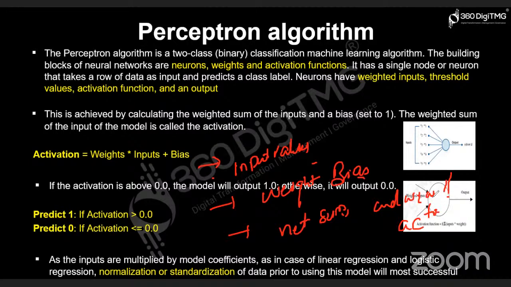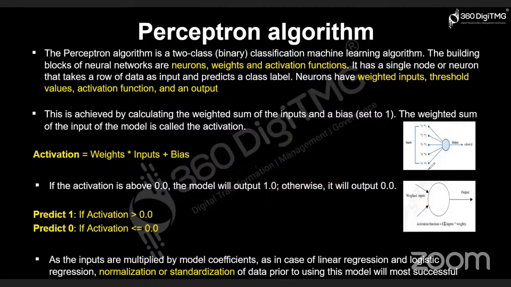The input values are whatever data we are giving into the neural network, and we'll be having weights. Additionally, we'll be having one bias, and then the net sum, and then one activation function here. What are those components? We'll discuss in detail. But these are the components we'll be having when it comes to perceptron.